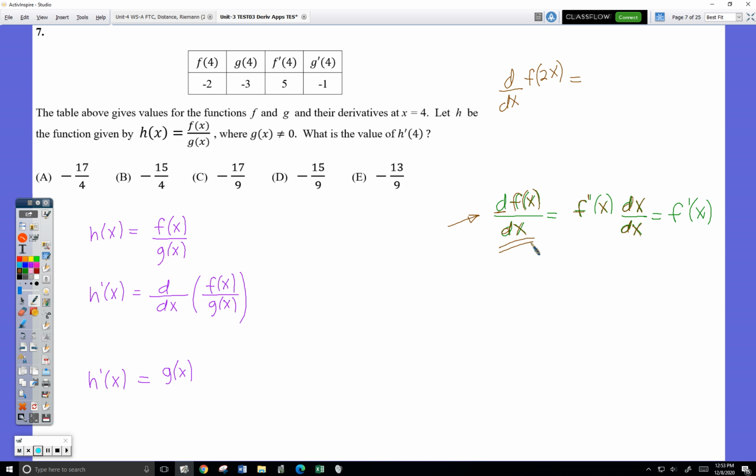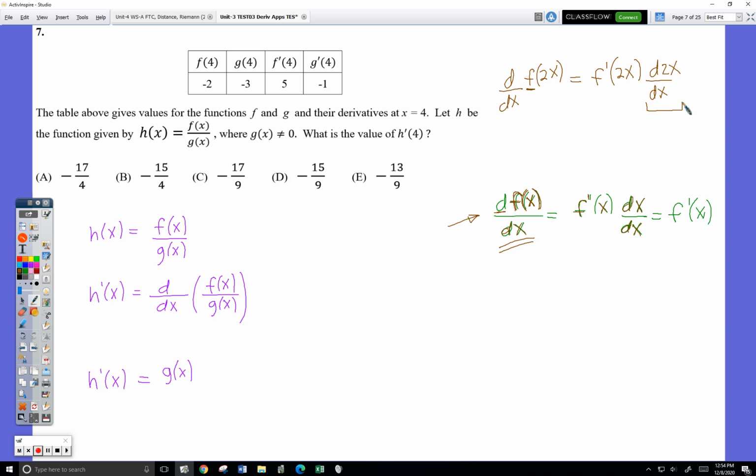Whenever you have d over dx of some function of something, the chain rule says this becomes f prime of the something multiplied by the d over dx of that something, like that. And then, what's that?